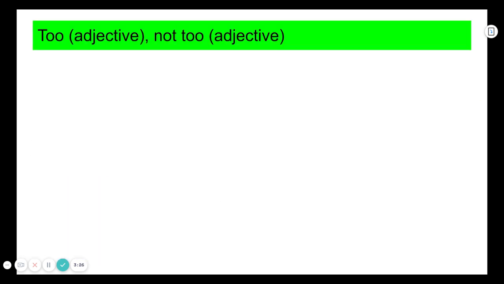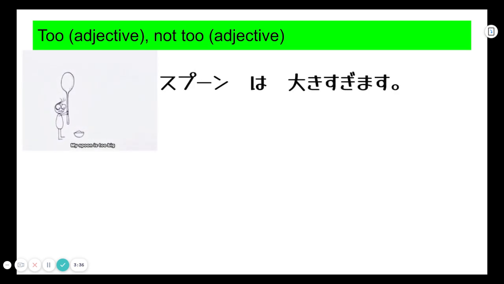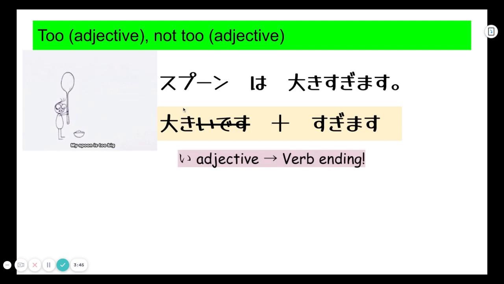Okay, there's another one. Sometimes too much, with adjective words, something like, oh my gosh, this spoon is too big. スプーンは大きすぎます. That's how you describe too much of something. And so that is 大きいです.